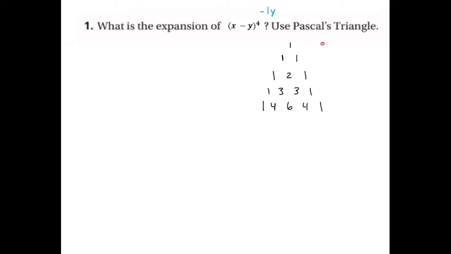And so we've got row 0, 1, 2, 3, and 4. And so row 4 here. With this, we're then going to go ahead and expand this.